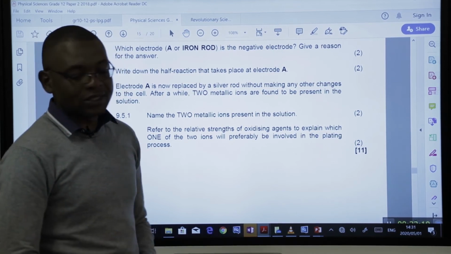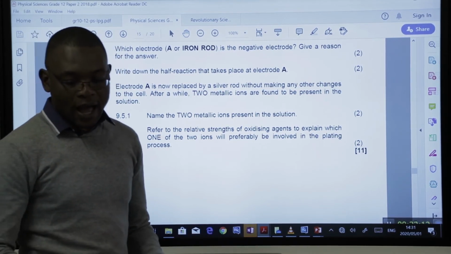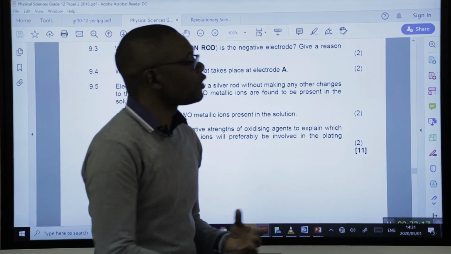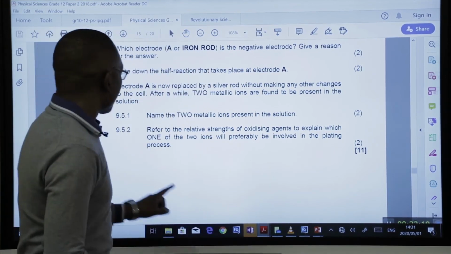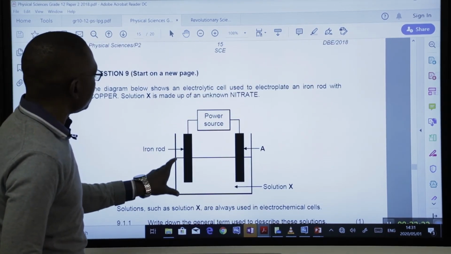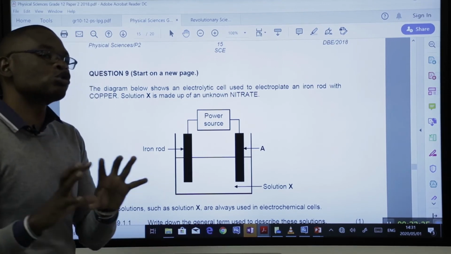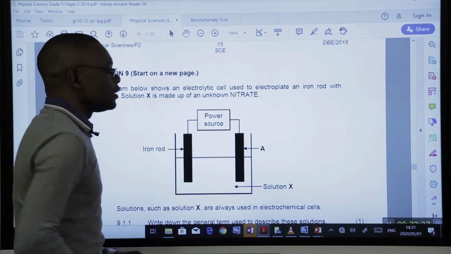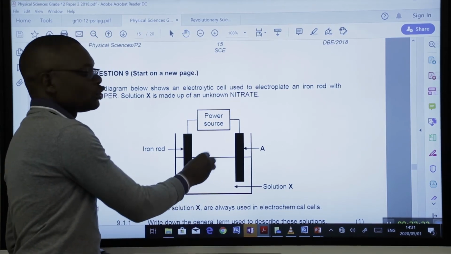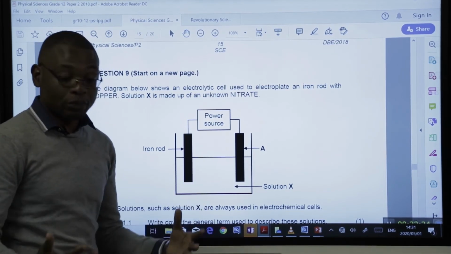What it simply means is that the silver ions are going to be more reactive and coat the iron rod more strongly than the copper if both ions are occurring together in solution competitively.